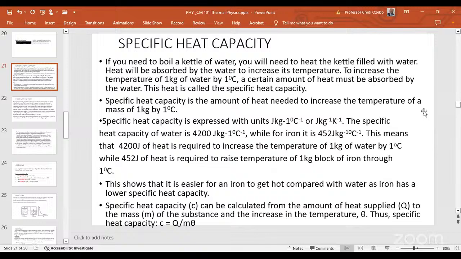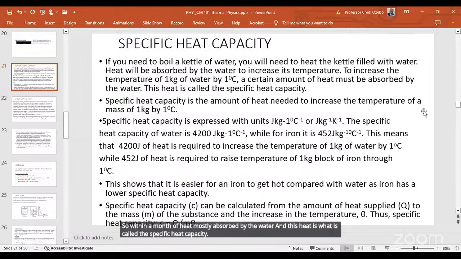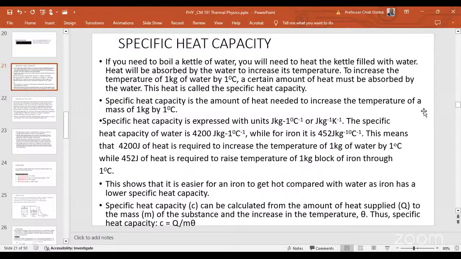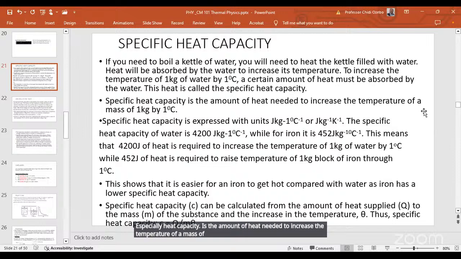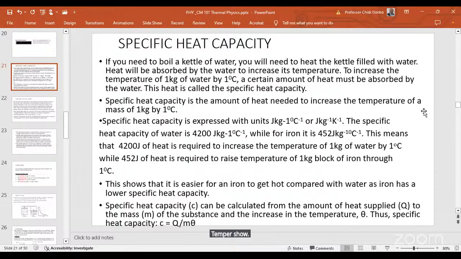So a certain amount of heat must be absorbed by the water. And this heat is what is called the specific heat capacity. Now, specific heat capacity is the amount of heat needed to increase the temperature of a mass of 1 kilogram by 1 degree.